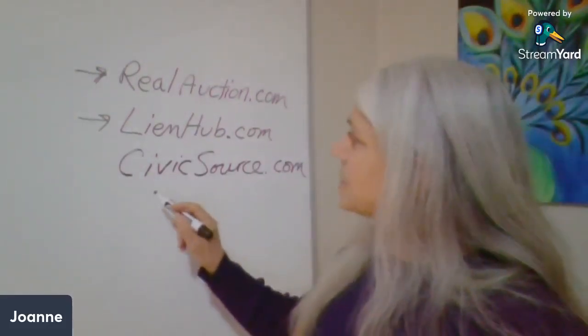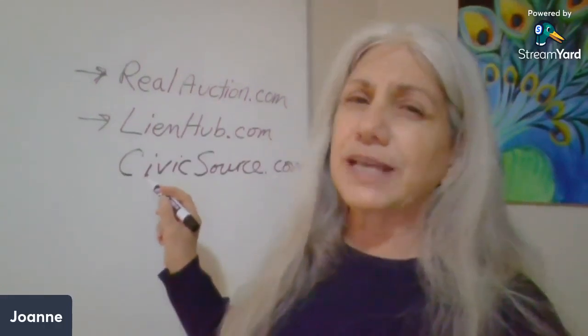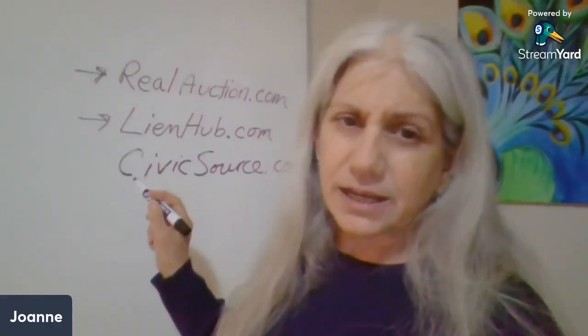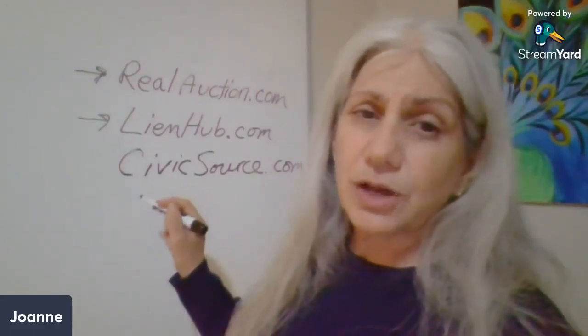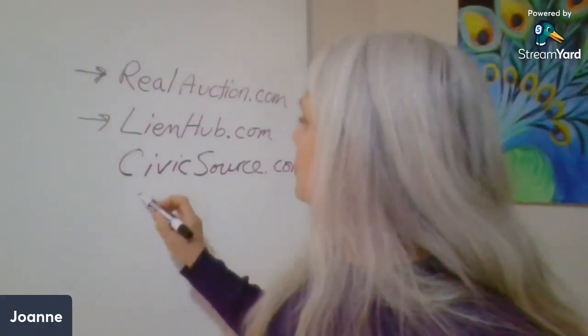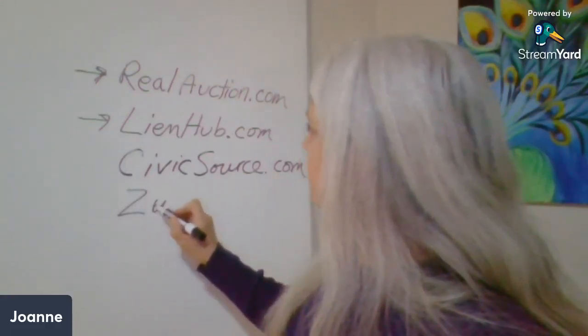And now also there's, I don't know if there's any Indiana online sales left, but when the Indiana sales do come up online, those are on ZeusAuction.com. Whoops, I got to spell it right.